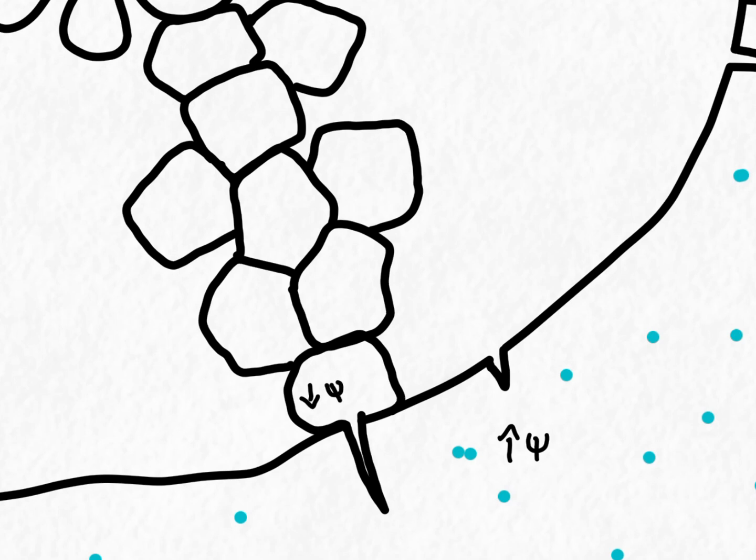So water will move from a high water potential to a low water potential, down the water potential gradient, into the root hair cell. This will saturate the root hair cell, and now the root hair cell will have a high water potential, meaning that the next cell, the cortex cell, will have a low water potential. Water will then move from a high water potential to a low water potential into the cortex cell.